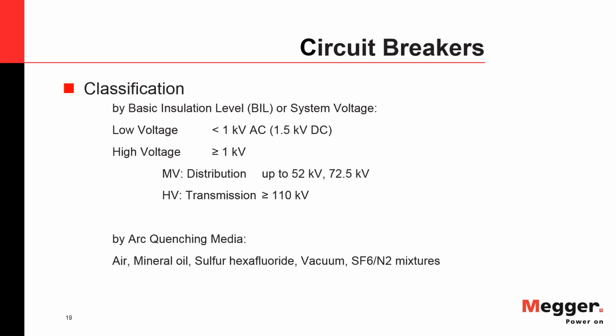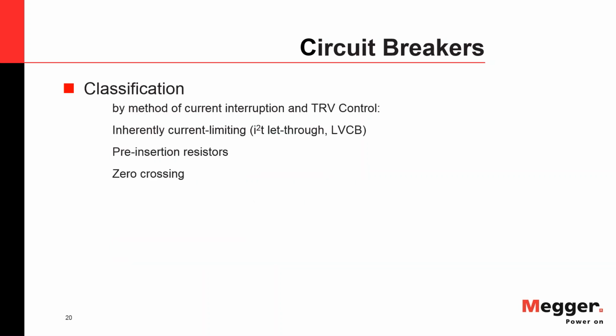You can also classify the breakers by the way how they quench the arc when they switch or interrupt the current. There's air breakers, oil breakers, SF6 breakers, then more and more popular, the vacuum breakers, and then the movement away from SF6 to trying to find gas mixtures that have similar properties like SF6, but it's not SF6, so you have the SF6 nitrogen mixtures and then other compounds that are in development right now.